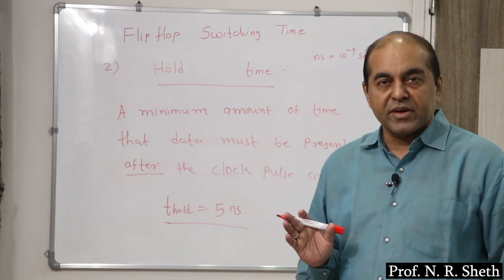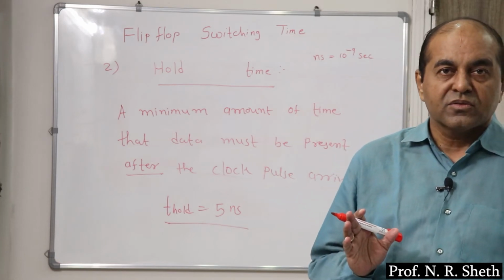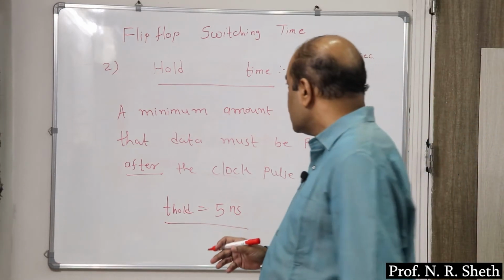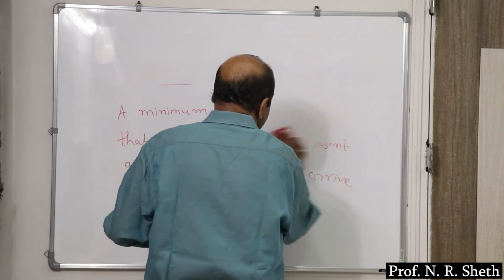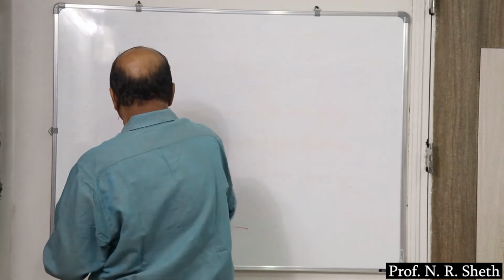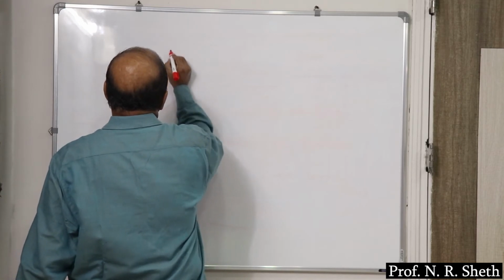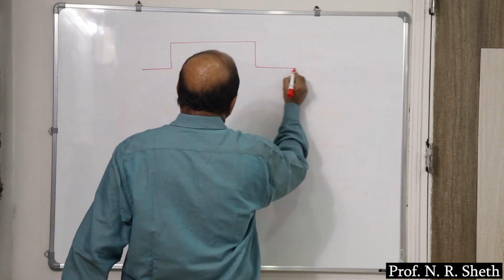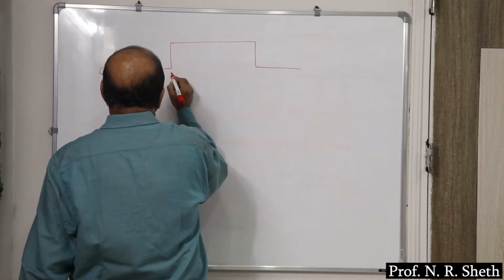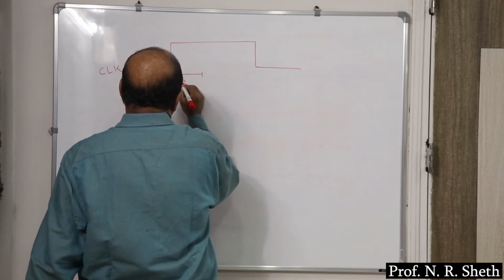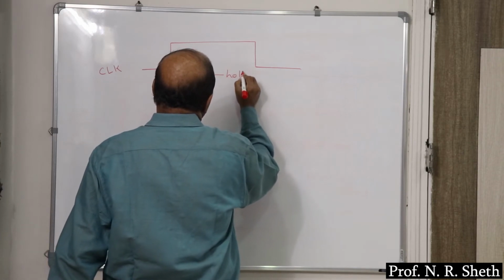So, these are the three timings that must be present. I can explain with the diagram. Suppose this is a clock pulse, this time is setup and this time let us say hold time.